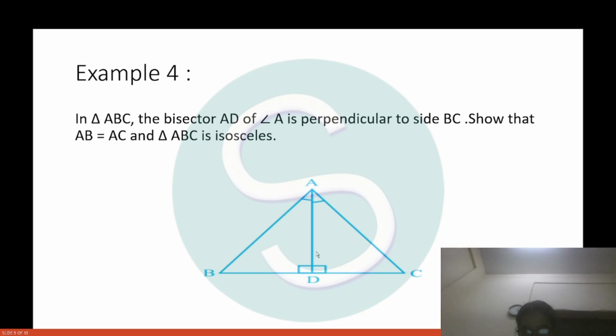By the angle side angle congruency rule, triangle ABD and triangle ACD are congruent. As these triangles are congruent, by CPCT we can prove AB equals AC. Then if AB equals AC, triangle ABC will be isosceles.